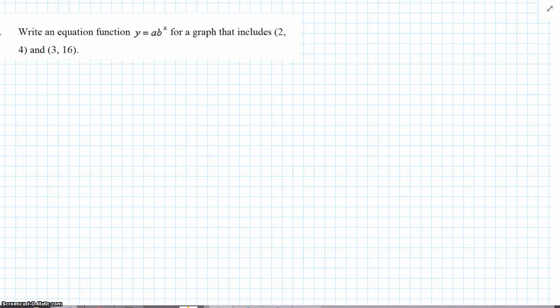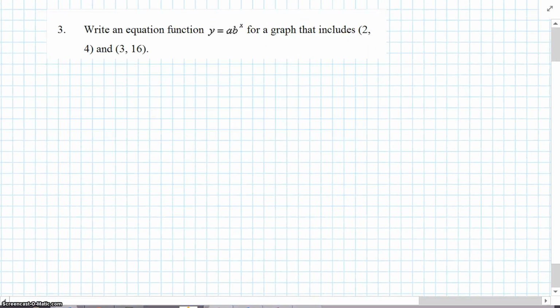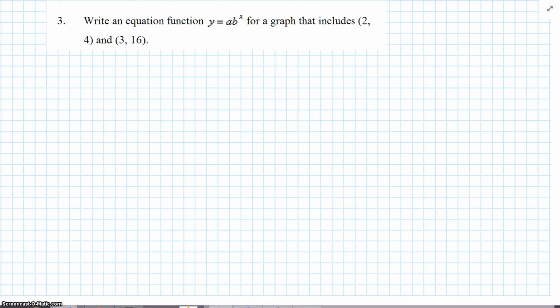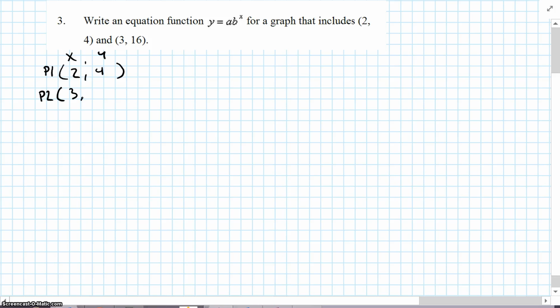So write a function for y equals ab to the x for the graph that includes 2, 4. So our first point, our point 1, and I like to do this, x and y, was 2 and 4. Our second point was 3 and 16. So step 1, we're going to use our first point. I'm going to use blue.